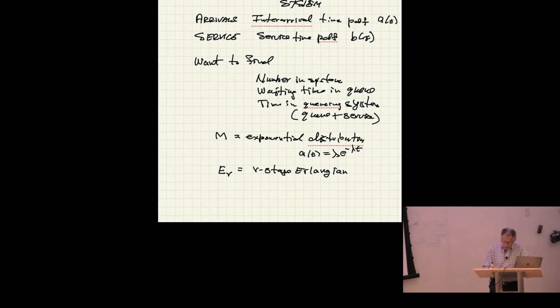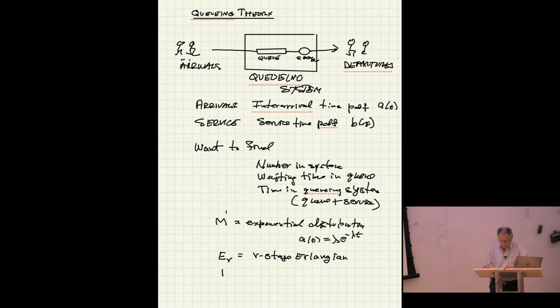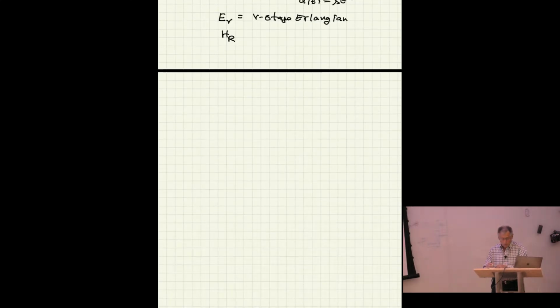Or it can be used as symbol H sub r, which will stand for an R-stage hyperexponential, which I will show you what those distributions are later. These are all well-known distributions.